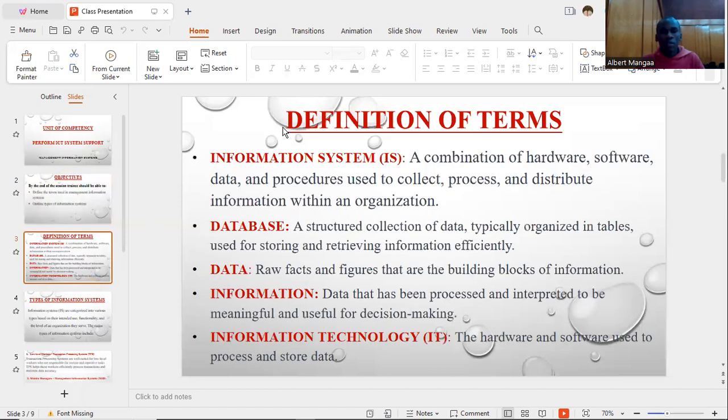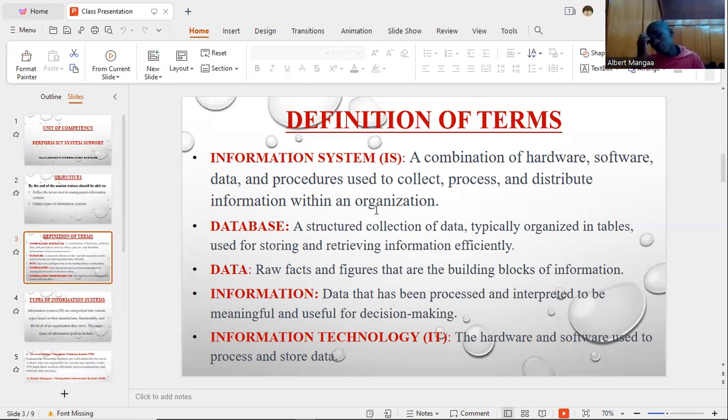So we have the definition of terms here. The first term that we are going to define is information system. An information system is a combination of hardware, software, data, and procedures used to collect, process, and distribute information within an organization.